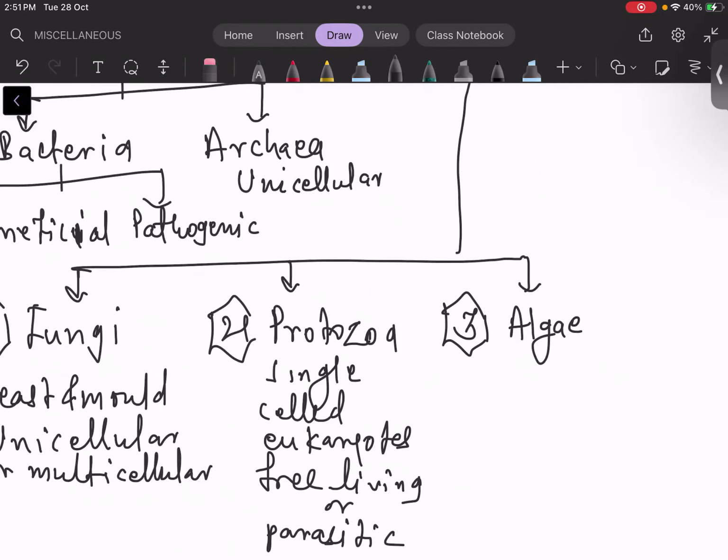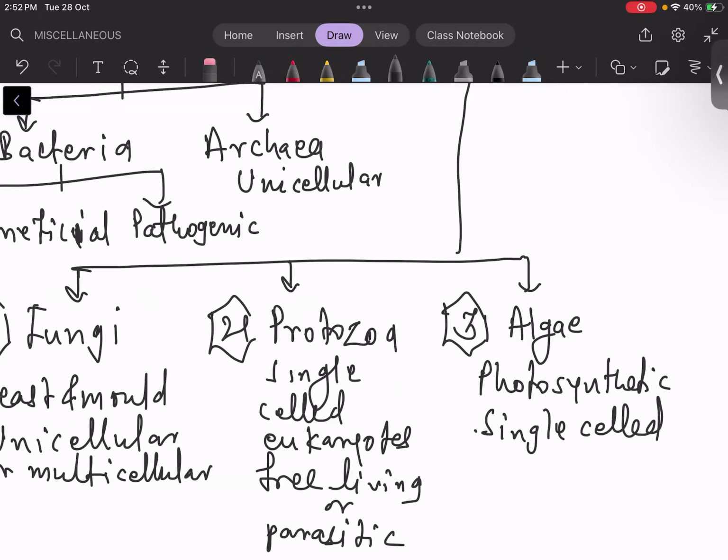The third one is algae. Algae are basically photosynthetic organisms. Some of them prepare their own food. They may be single celled, the best example being microscopic algae.